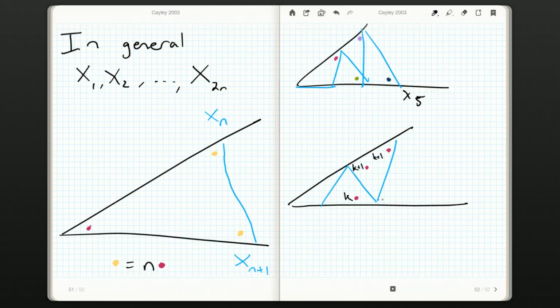And I'm worried about this angle right here in my brand new isosceles triangle. Well, we'd have k red dots plus, let's call it x, is going to be the same as 2k plus 1 red dots. And then if we quickly rearrange, we'll actually see that, yeah, x is going to be k plus 2 red dots. So the pattern is going to keep working, for those of you who are concerned about that.